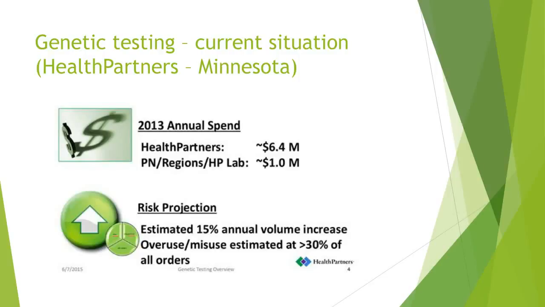Current situation in our organization. Based on the year 2013, we were spending about $6.4 million in the HealthPartners side and about $1 million at Park Nicollet and some of the other components of our organization. The risk projection that was done showed that there's going to be about a 15% annual volume increase, and that the misuse or overuse of these tests is about at a level of 30%.